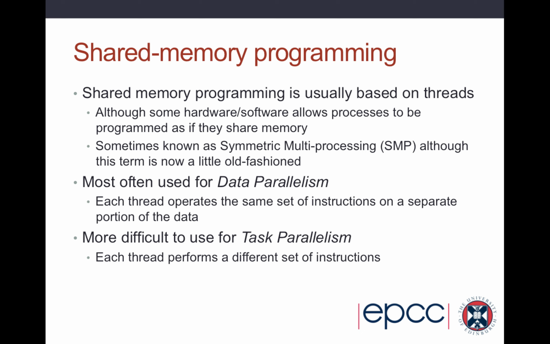It's also known as symmetric multiprocessing, SMP, though that term's now a little old-fashioned, you don't meet it so often. It's most often used for data parallelism. This is where you want to operate the same set of instructions, usually the same mathematical operation, on a separate bit of the data. It is generally more difficult to use for task parallelism, where each thread is doing something slightly different.